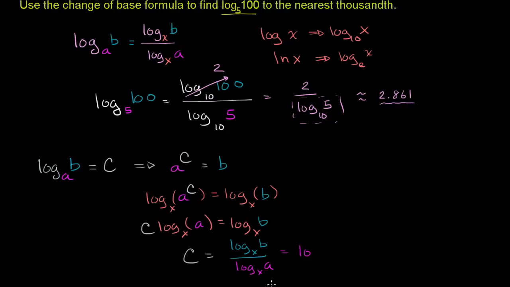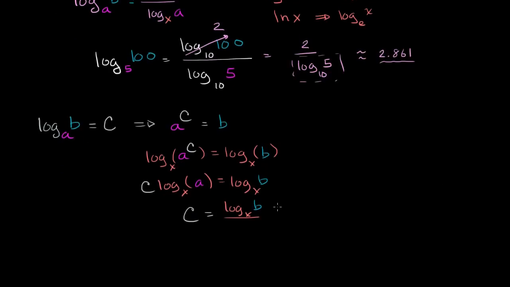Let me do the original color codes just so it becomes very clear what I'm doing. I think you know where this is going. So c is equal to log base x of b, dividing both sides by that, over log base x of a. And we know from here, this is also equal to c.